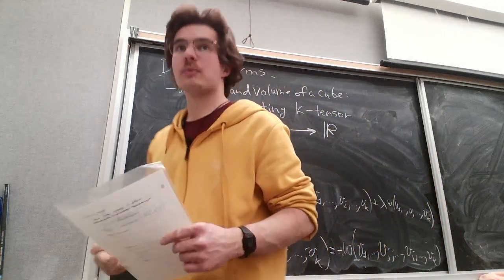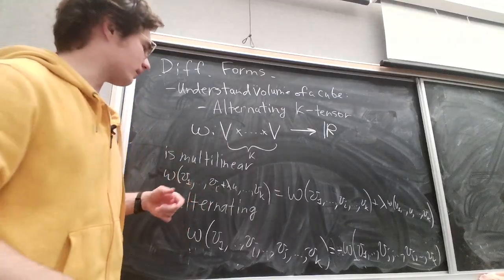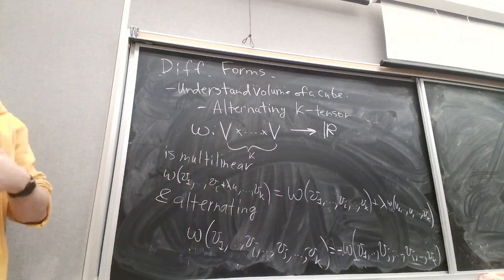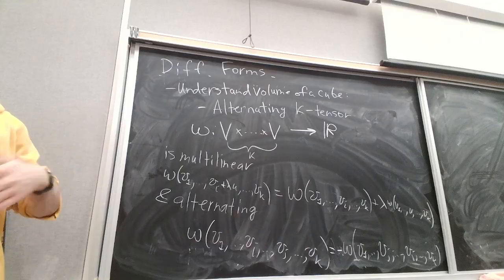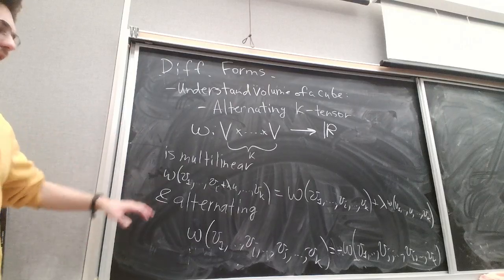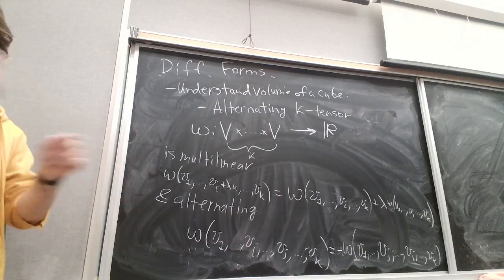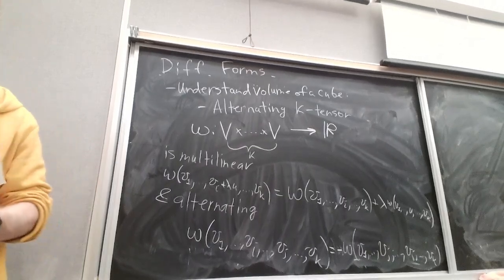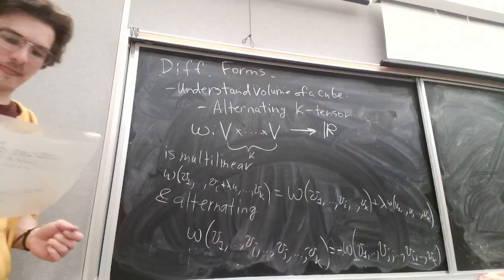So we realized if we want to talk about the volumes of things, particularly volumes of parallelepipeds, we have to look at these kinds of objects. They take in a bunch of vectors, it's linear in each entry, and it's alternating, meaning that if I swap two things, I just pick up a minus sign. Good.